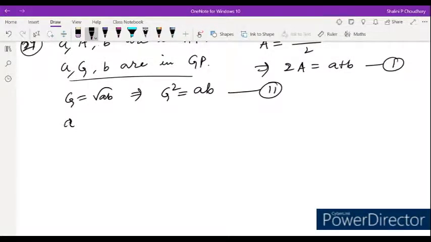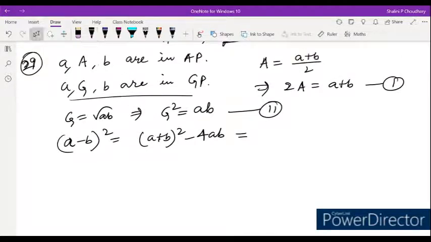We find the value of a minus b. (a minus b) whole square will be equal to (a plus b) whole square minus 4ab. So a plus b is equal to 2A, so we can write (2A) whole square minus 4ab. ab is equal to G square, so 4G square.